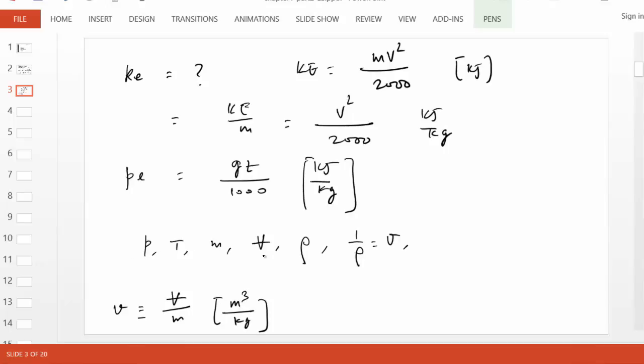So P, T, m, V, rho, v, and then we have come across EU, small eu, capital KE, small ke, capital PE, small pe, capital E, small e. Notice the set of properties that we are describing the system with is expanding. We have a whole lot of properties already.